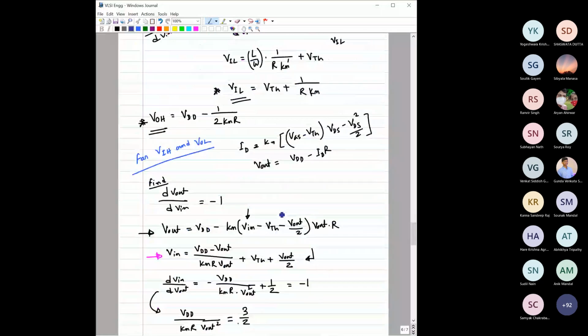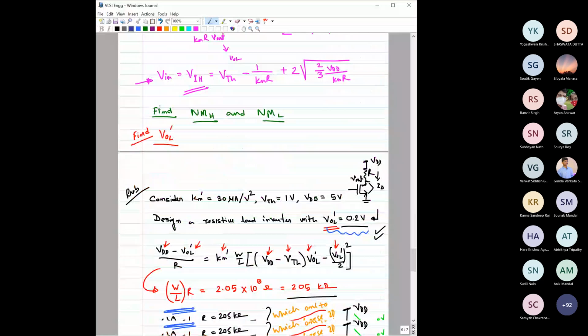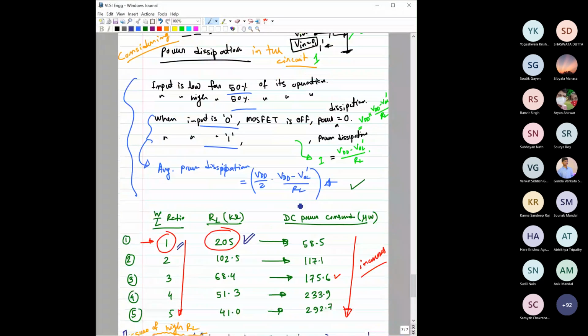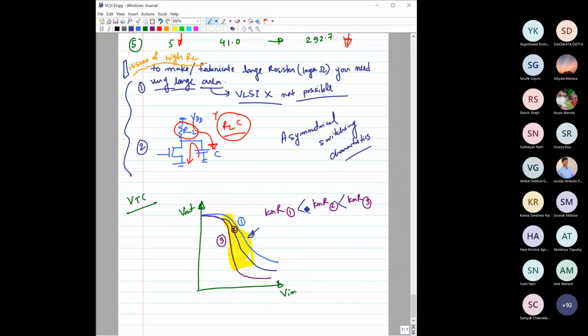So that way also you can explain that if you increase Kn into R, then the curve in that transition region will have slopes that keep on increasing, right? All right.